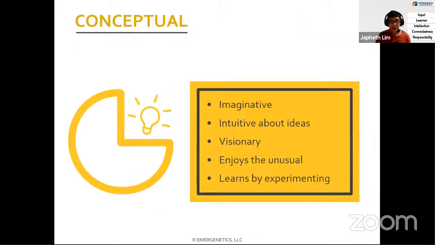Okay. And then lastly, conceptual, very imaginative, intuitive about ideas. A visionary, likes to set out the vision for the next 5 to 10 years, likes to imagine the future, even though the future is not very concrete. As long as it's very abstract, they are still able to imagine it. Enjoys the unusual and usually learns by experimenting, right?